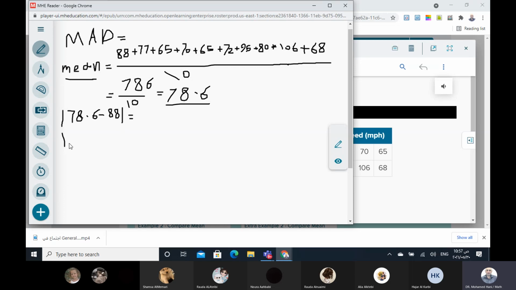The second distance also, 78.6 minus 77.